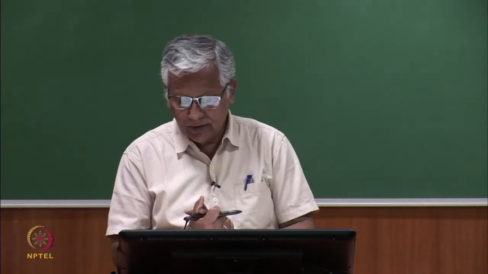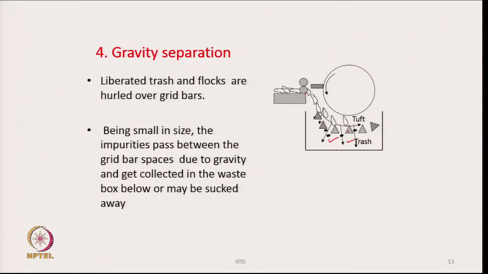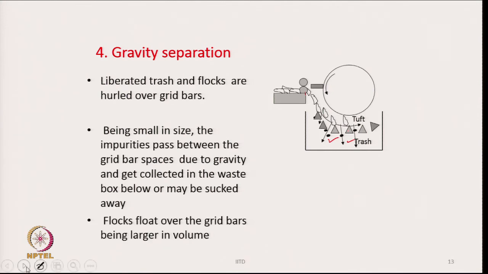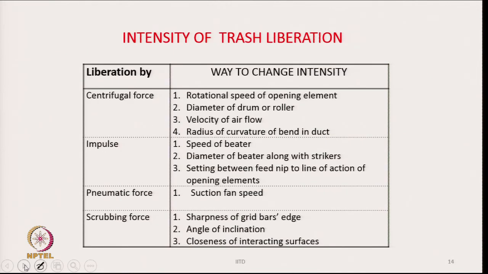So, mostly tufts will be moving over the grid bars, whereas trace particles will be falling down, and this is the way we can also separate out the trace particles from the fibers.